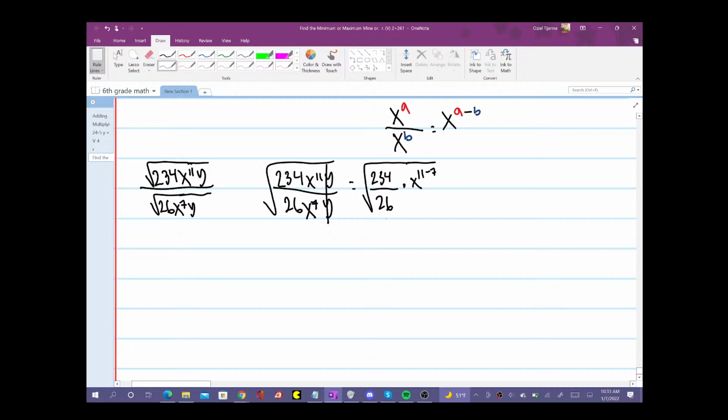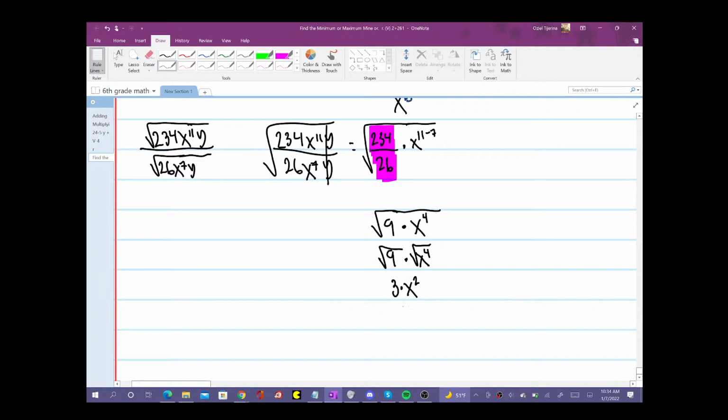234 over 26, we can try to simplify. 234 over 26 is 9. So this becomes the square root of 9 times x to the 4th power, which is the square root of 9 times the square root of x to the 4th power, which is 3 times x squared.